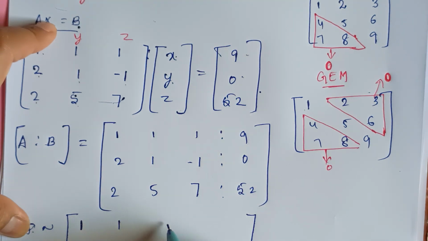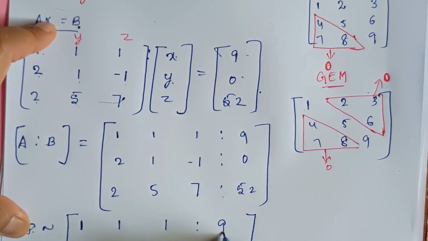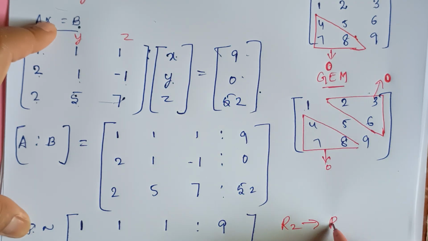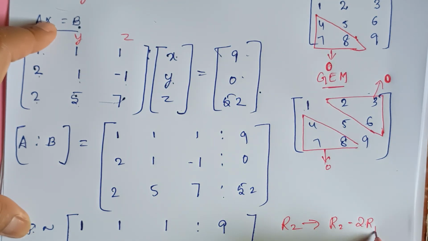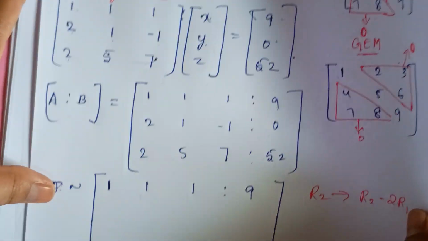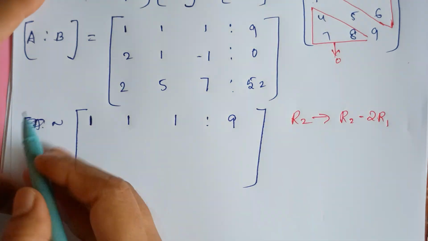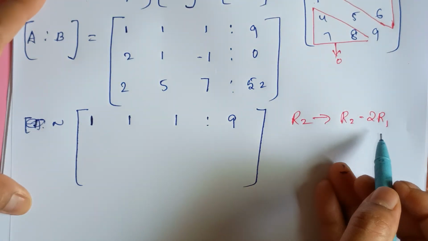Now I'll perform some transformation in row 2. Row 2 changes to row 2 minus 2 times row 1.